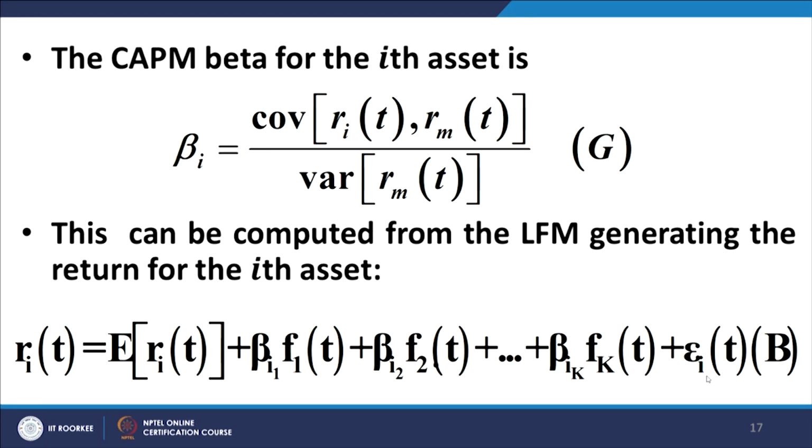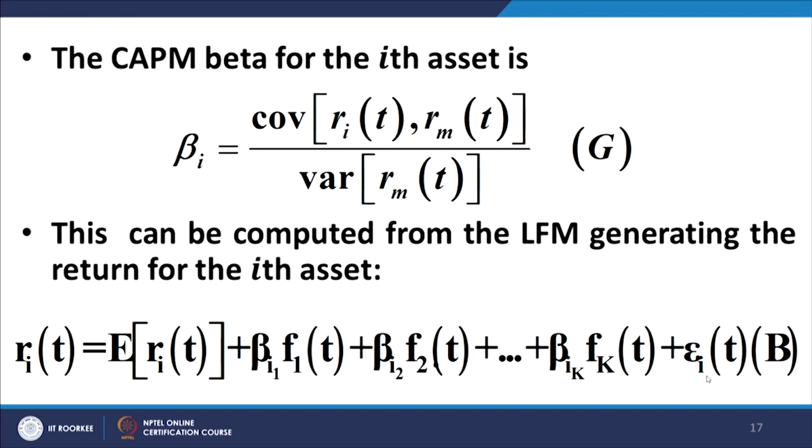By definition, beta is a regression coefficient between the market returns, or the returns on the market index, and the returns of the security. The security returns are regressed on the returns on the market index, and therefore, beta i is given by the expression that is here in equation number g.